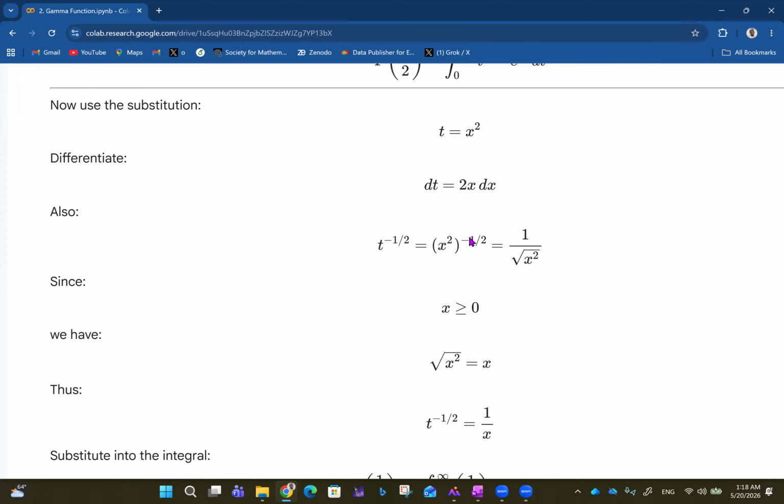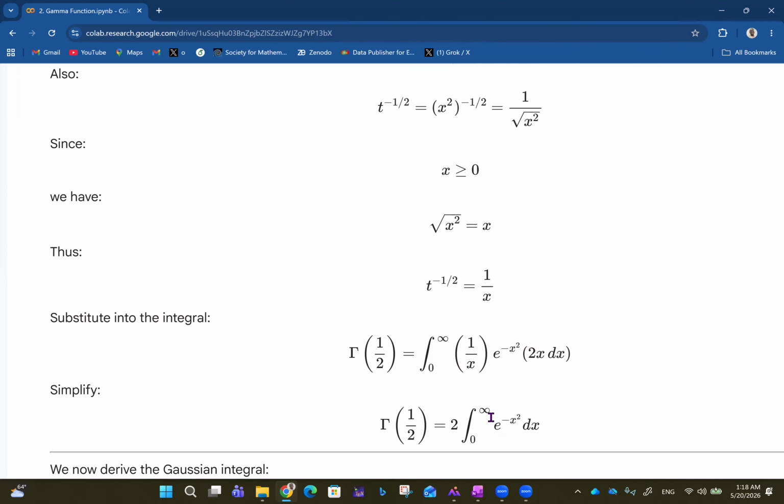Doing the indices, that's 1 over the square root of x squared, which is still fine, but I could have just cancelled it. So it ends up being 1 over x either way. If you take x to be greater than or equal to 0, the square root of x squared is x, and x squared raised to minus half is 1 over x. So 2 cancels 2, and we have x raised to minus 1, which is 1 over x that we end up getting at the end of the day.